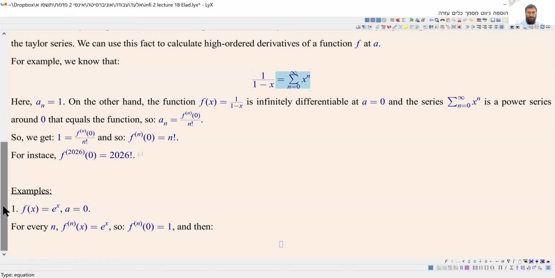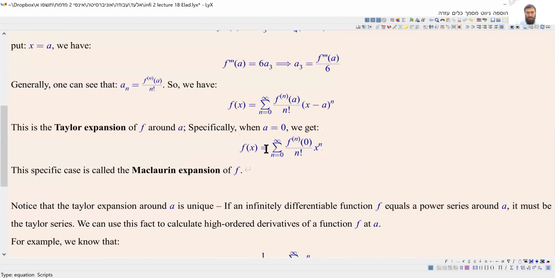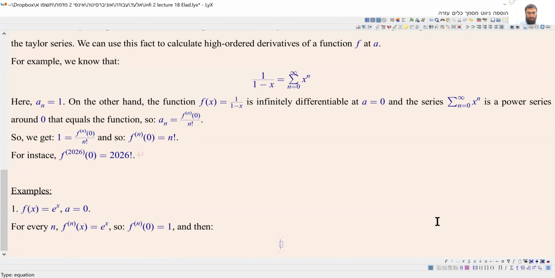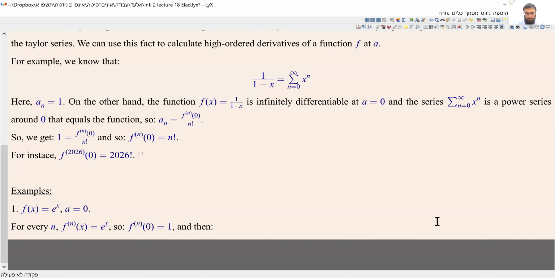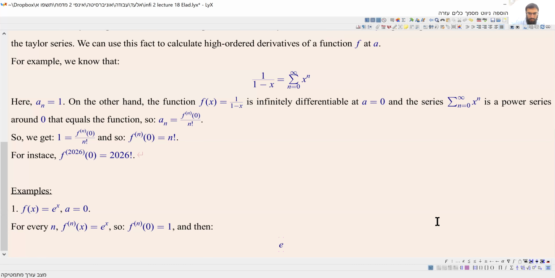The Taylor expansion, or more precisely, the Maclaurin expansion of e to the power of x, is just the sum of 1 above n factorial multiplied by x to the power of n. A legitimate question is for which x's?